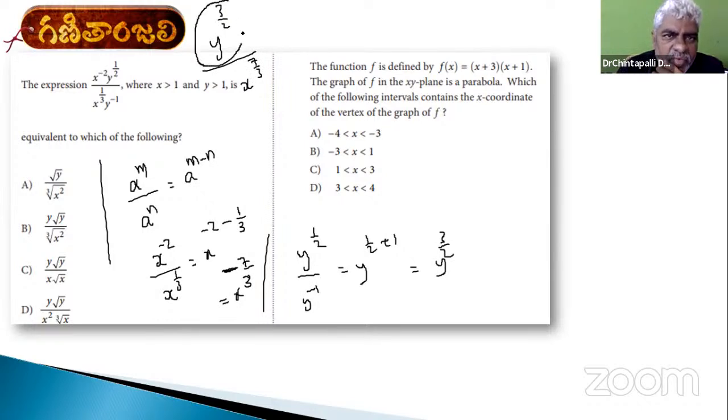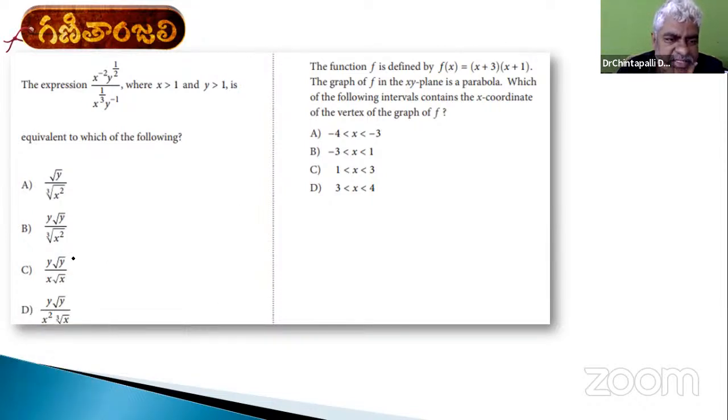As we know, y power 3 by 2 is nothing but y root y. Yeah, simple. We need not do all these calculations, just simple calculation as per the options.